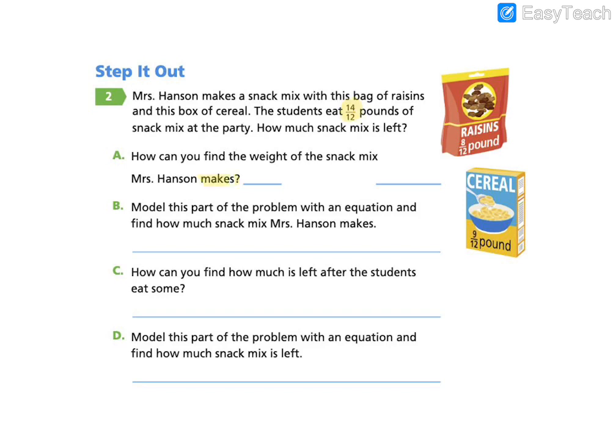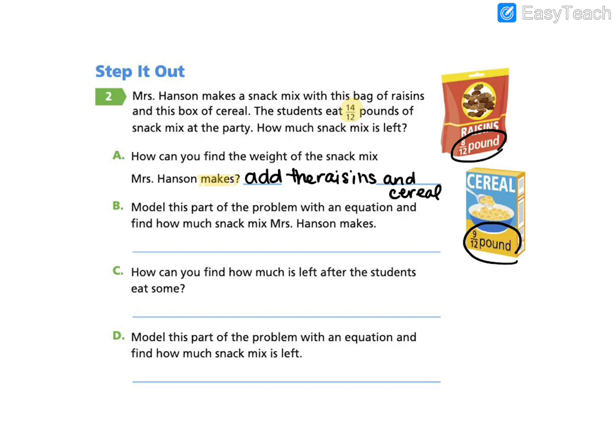We need to find how much she makes. She uses 8/12 of a pound of raisins and 9/12 of a pound of cereal. So we can add the raisins and cereal.